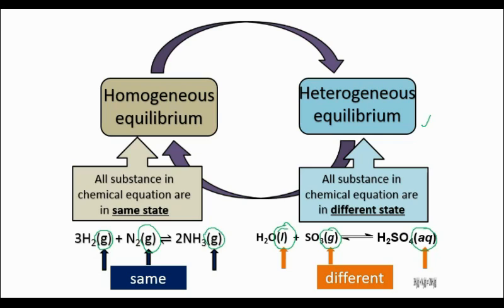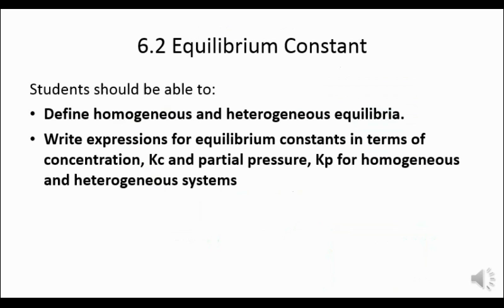They are all in different states in the chemical reaction. So we call this equilibrium heterogeneous equilibrium. This is how we define homogeneous and heterogeneous equilibrium, by looking at the phases, the states of all the components in the reaction.